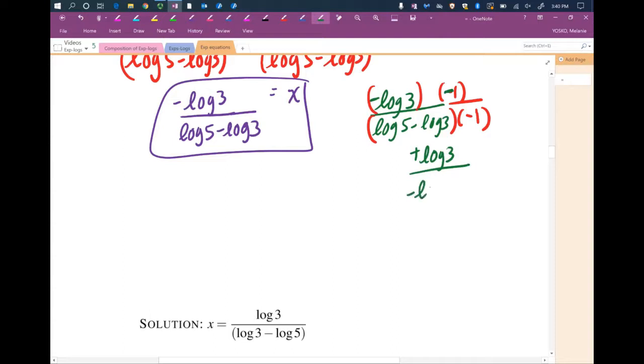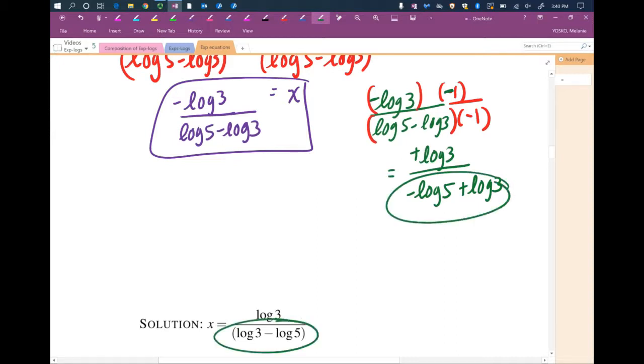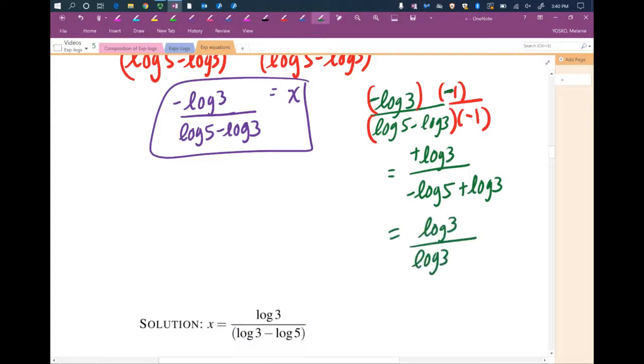On the bottom, I'd have a negative log 5 plus log 3. And isn't this the same as this? The order's just backwards, right? So this is log 3 over log 3 minus log 5. Mathematically, these are equivalent because I multiplied by the number 1. Okay, wasn't that fun?